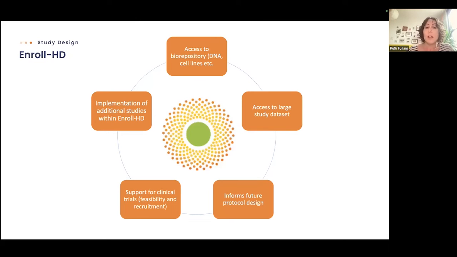We also use Enroll to support clinical trials. We're in contact with sponsors of clinical trials, and in discussion with them we can recommend which sites we think are performing really well. We can tell them what sort of facilities they have as well, because the sites have already told us.